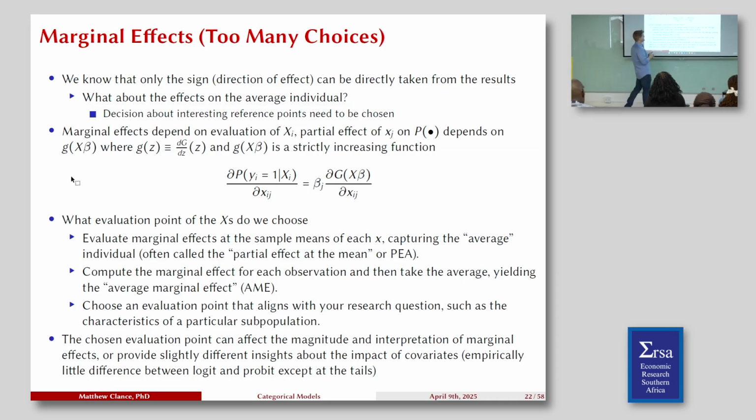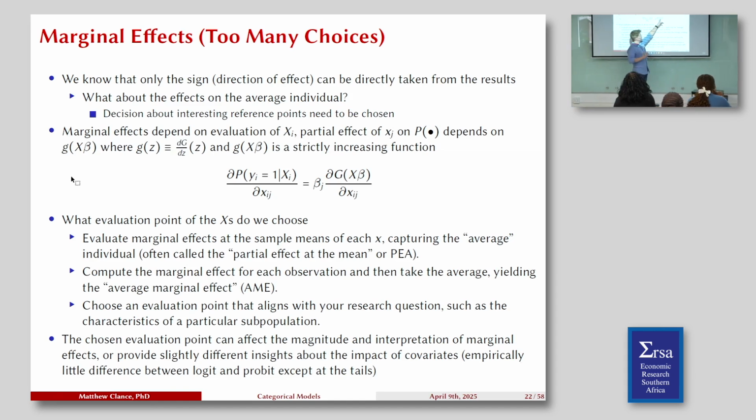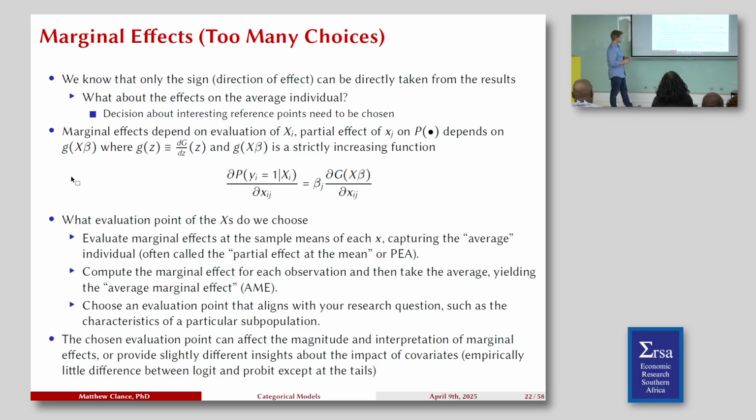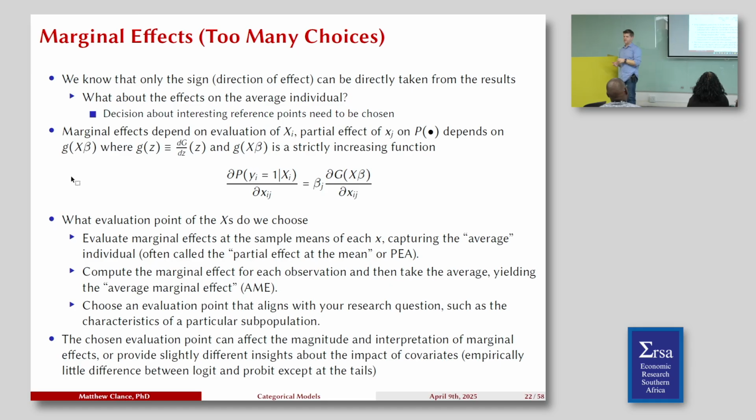Once we have that, everything else that we choose is going to go in this function, and then we have to evaluate it. So what evaluation point of x's do we choose? I might have an opinion on it. You might have an opinion on it. And I can tell you that when we present these types of models, we have to make an argument for our choices. That argument either will sway the audience or it won't.